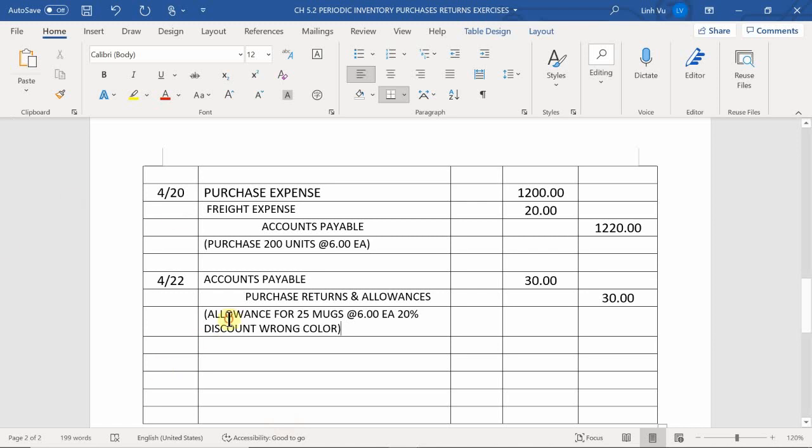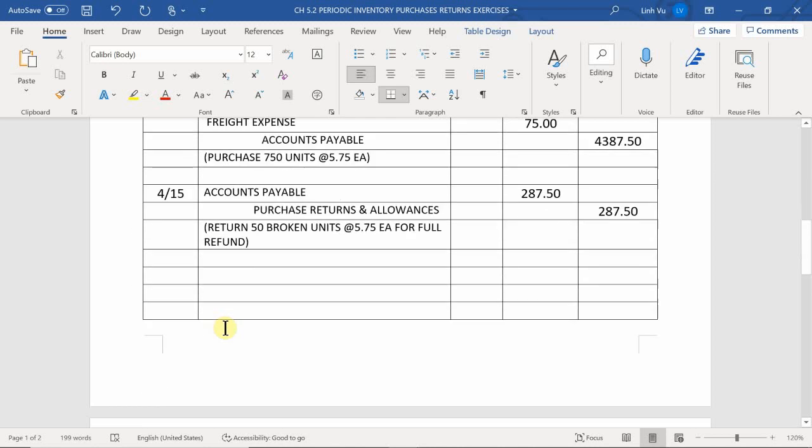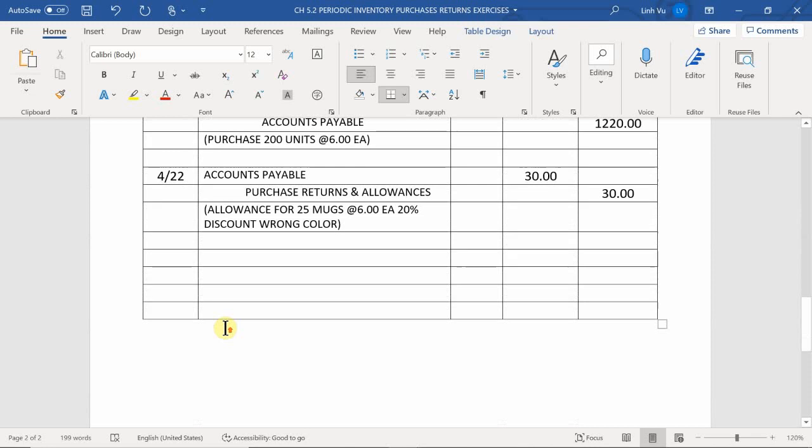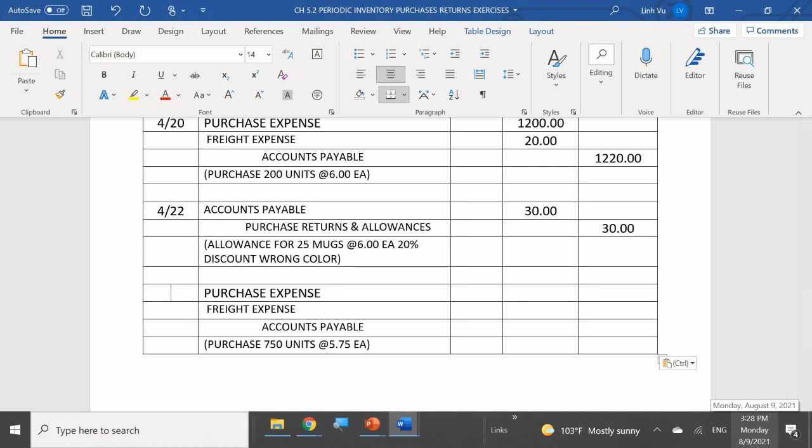And then last but not least, on the 25th, go ahead and make that purchase for 500 units at $6.25 each. We purchased 500 units at $6.25 each, right?